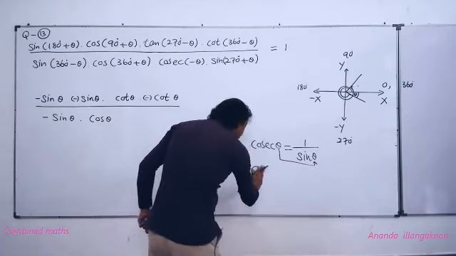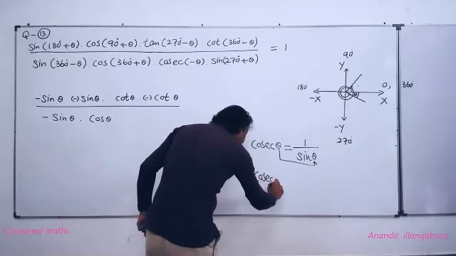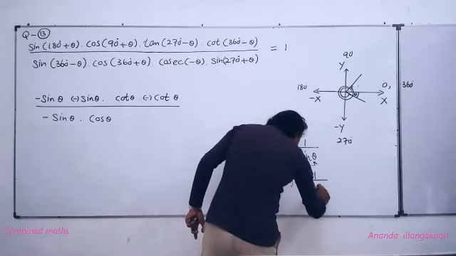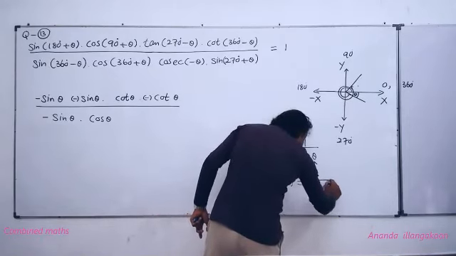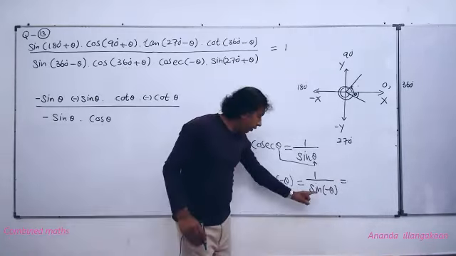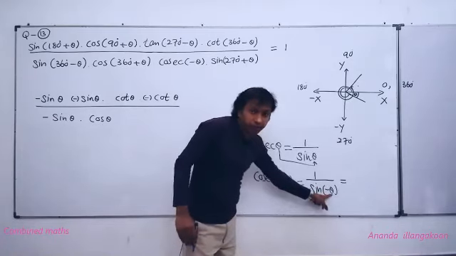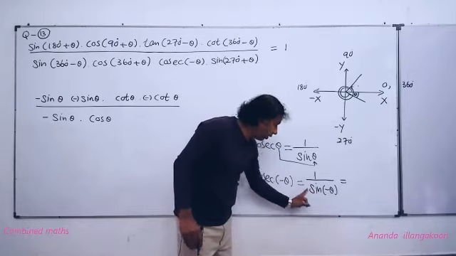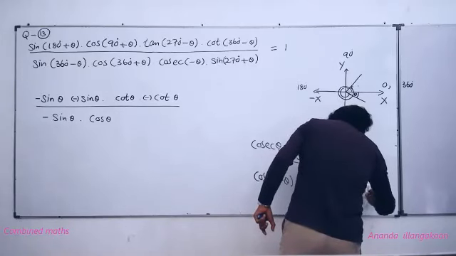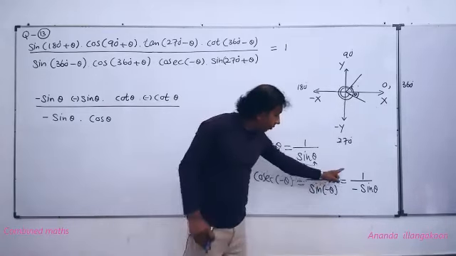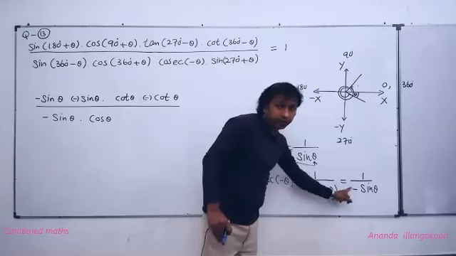Then I must write it like this: 1 over sine minus theta. But we know, people, when there is a negative sign with the angle, having a ratio like sine or tan before it, this minus sign you can take before. And then I can write this as 1 upon minus sine theta. Then here the numerator is plus and the denominator minus, and plus by minus is, people, minus.